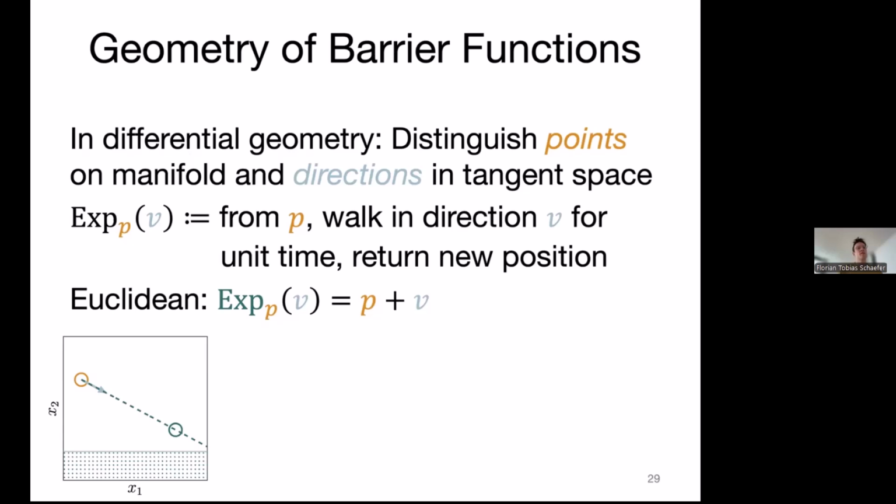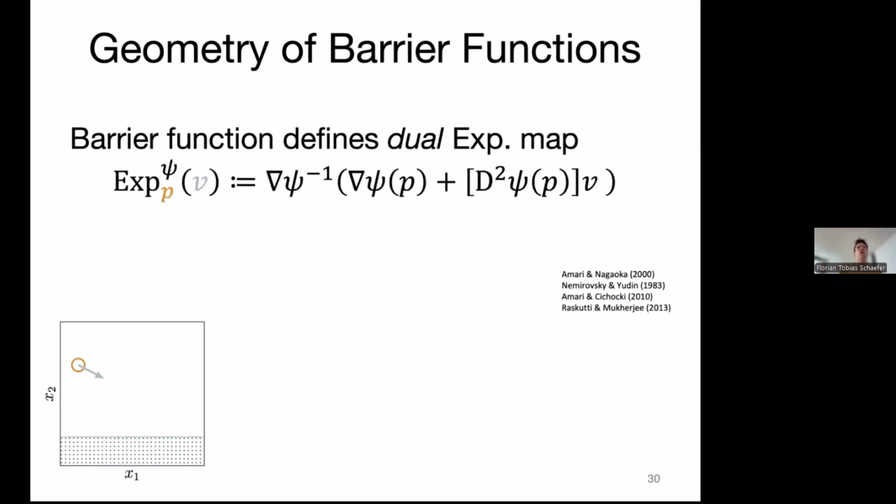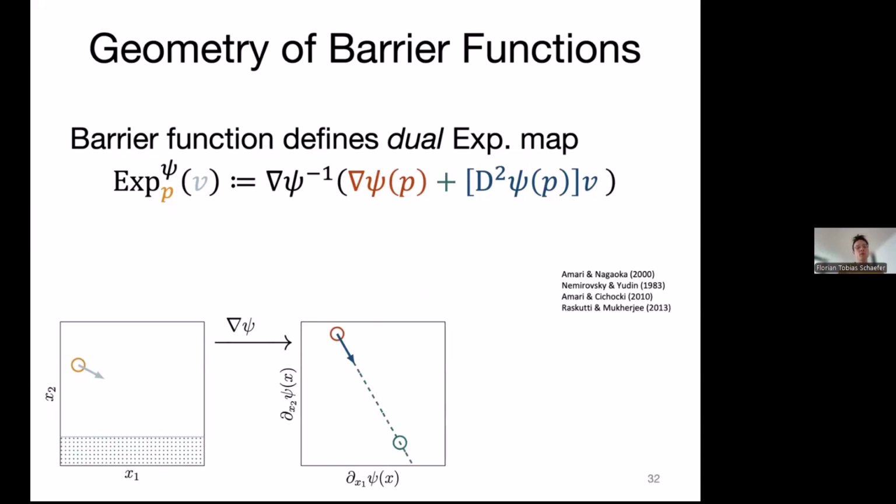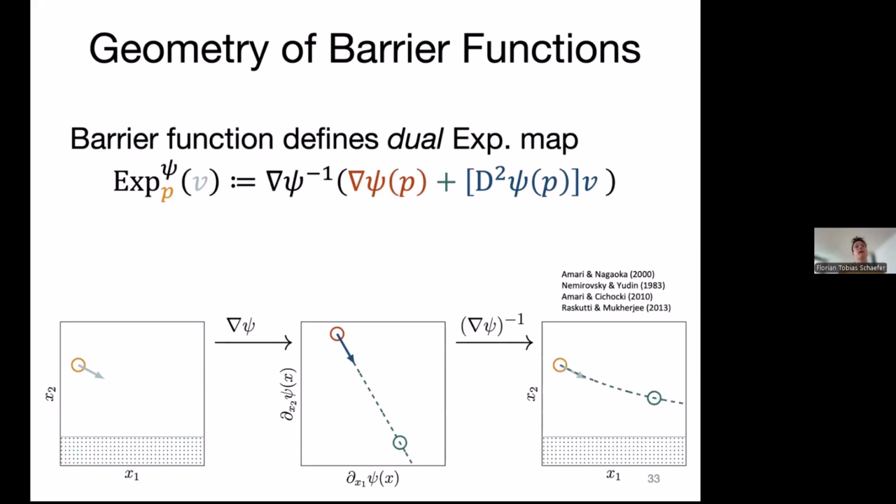Now it turns out that these barrier functions define their own notion of an exponential map, which you see here. It basically means that we use the gradient of this convex function, which for us is the sum of the L2 norm plus the negative logarithm of the derivative. We use this gradient to map to a so-called dual space that is parameterized by the derivatives of our function. Then we compute the Euclidean exponential map there, and then we map back.